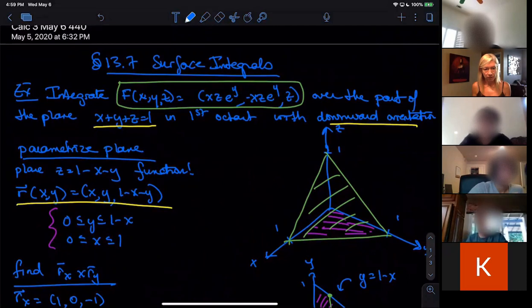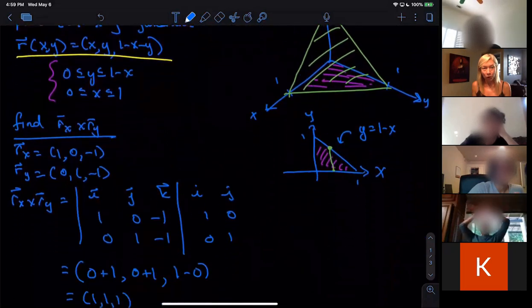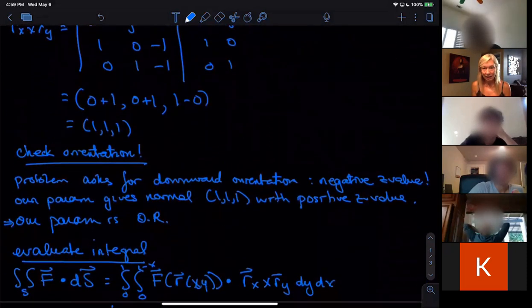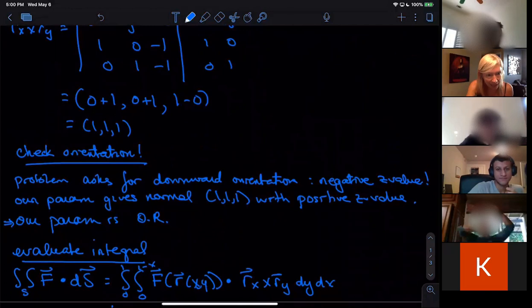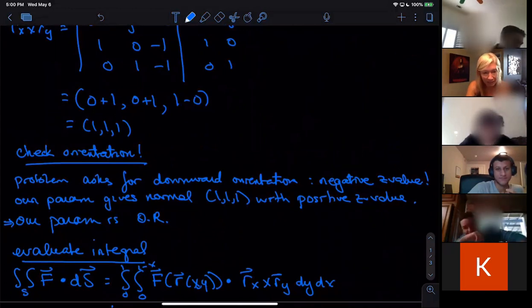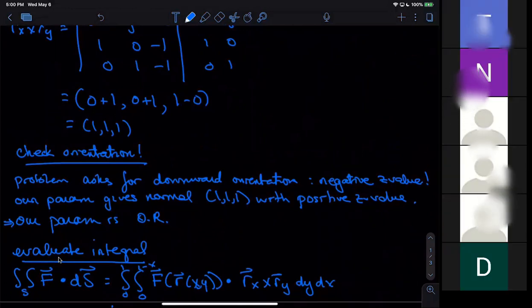Did we need a negative sign for the integral? Oh yeah, someone actually pointed it out in the chat. You're totally right. Who was that who just said that? Aima, but someone in the chat also pointed out the same thing.